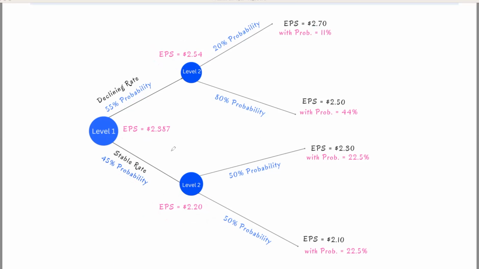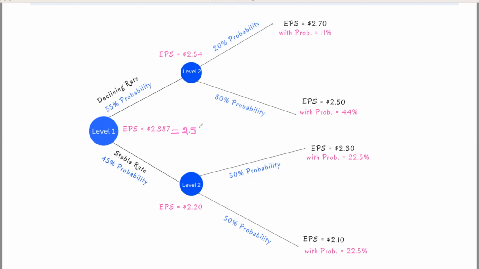This is where the total probability rule comes into play. To arrive at the overall expected EPS, we combine the previously calculated conditional expectations with the probabilities of each corresponding scenario. This is our grand total, the overall expected EPS, taking into account all the different scenarios and their probabilities.